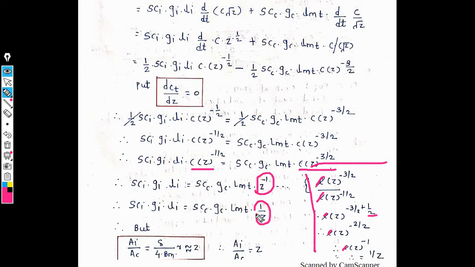Okay, then in this equation we obtain SCI into GI into LI is equal to SCC into GC into LMT into 1 by Z. Initially, the concept is AI upon AC is equal to sigma upon 4 into BM, R is nearly equal to Z. But also in this equation we have to rearrange the equation for AI upon AC is equal to Z, and we need to find out the values of AI and AC.